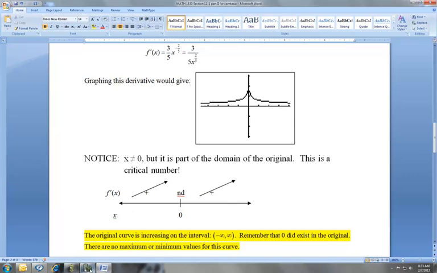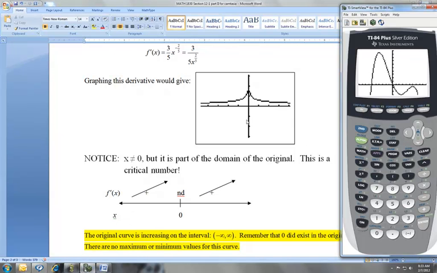So let's go graph the original here. Go back to y equals. Clear that off. And that was x to the 3/5, x raised to the 3 divided by 5. And let's see what I get. Oh, my window's messed up.